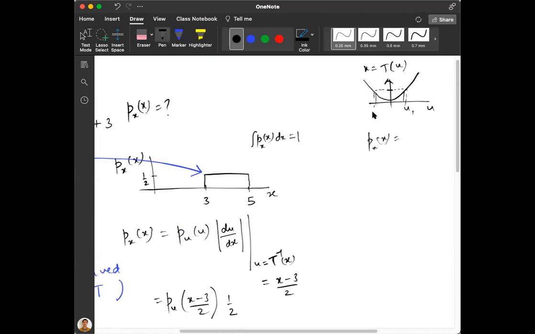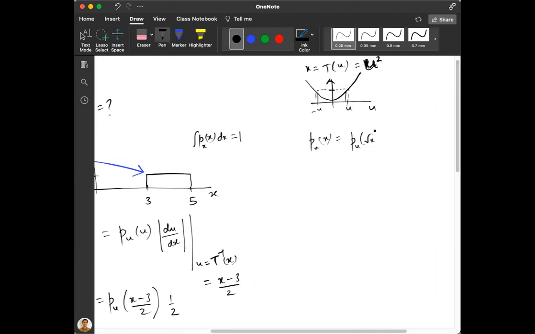Let me call them u and minus u. Then p_X(x) will be equal to p_U at root x times the derivative, since the transformation is not invertible.